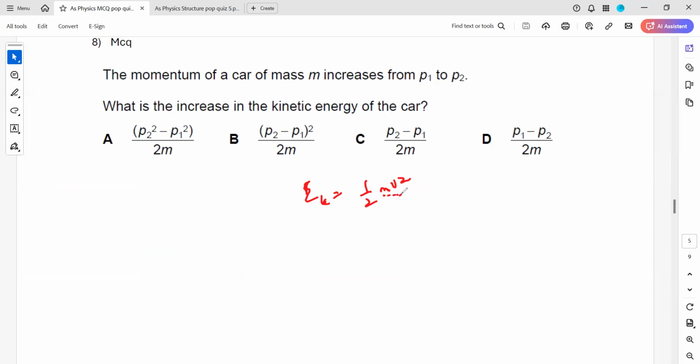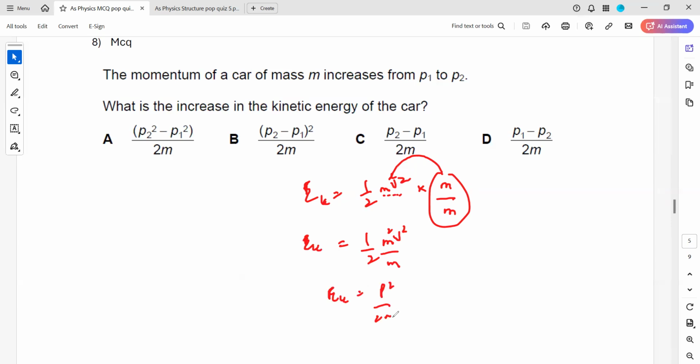How can I convert m into v into momentum? That's why I multiply and divide it by m, so that when m is multiplied with m, it becomes m square v square divided by m, and m square v square is the momentum square, divided by 2m.